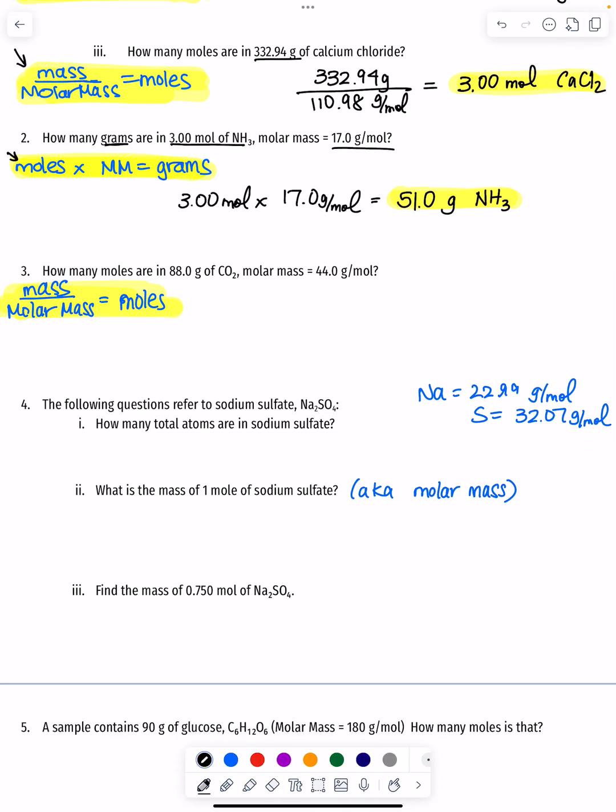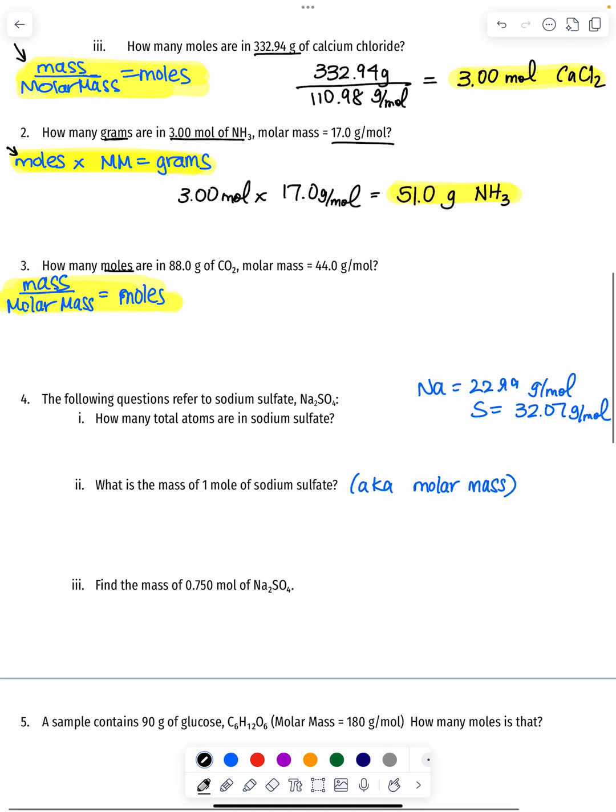Let's do another question. How many moles, so it's asking for moles, are in 88 grams of CO2? And the molar mass I gave to you is 44.0 grams per mole. Now, if I want moles, and I'm given mass in grams here, mass divided by molar mass is equal to moles.